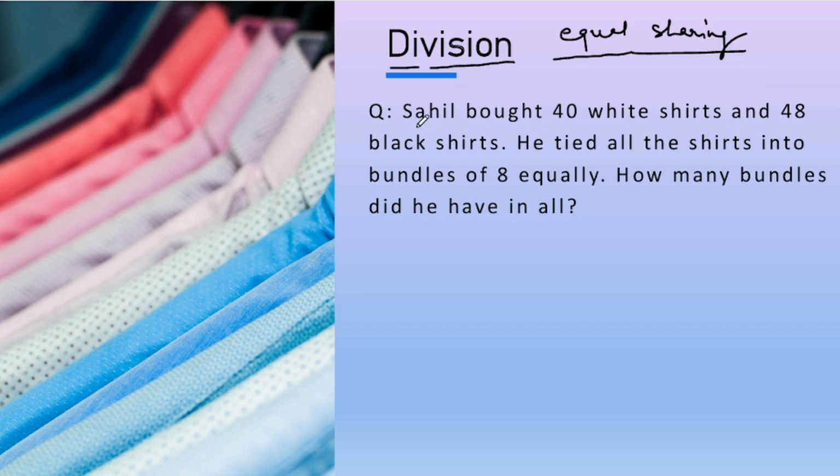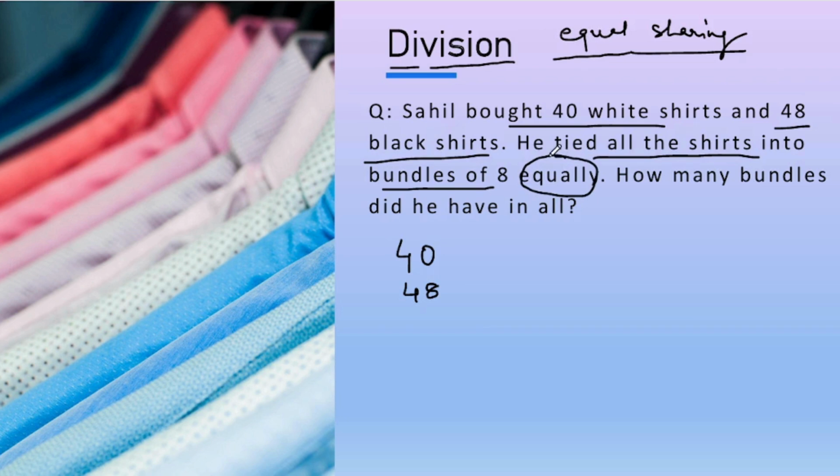Let's understand it more with the help of this question. Sahil bought 40 white shirts. So there are 40 white shirts and then 48 black shirts. Okay, 48 black shirts. He tied all the shirts into bundles of 8 equally. See, equally.